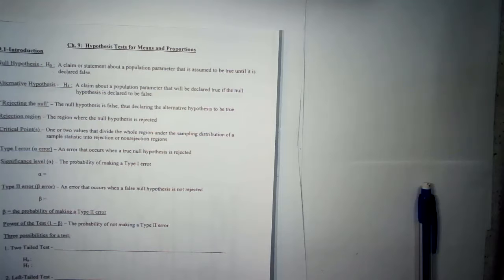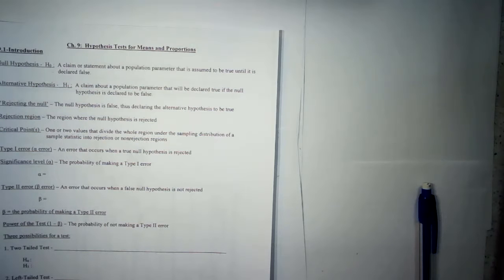So this first page is an overview of everything we're going to learn. And then you've got 3 scenarios inside. They're the same scenarios from chapter 8: sigma known, sigma unknown, proportion.